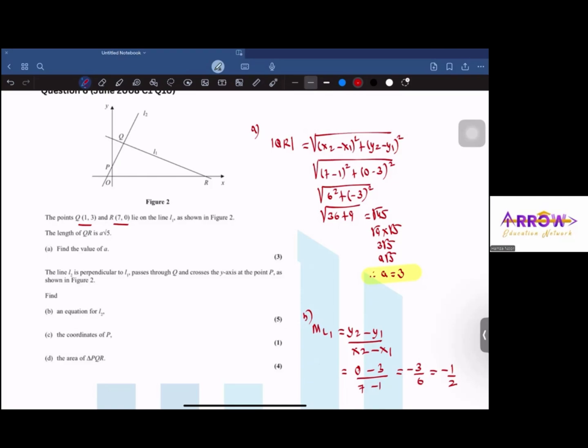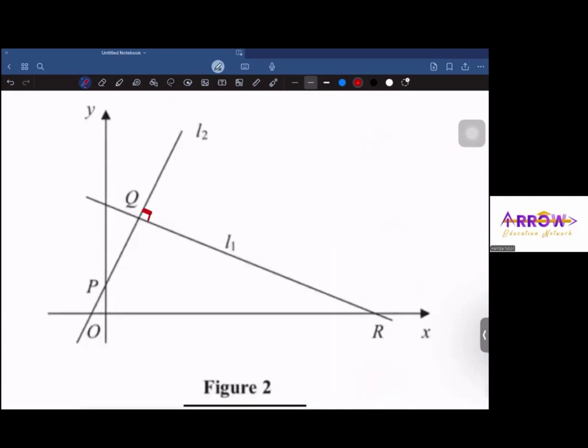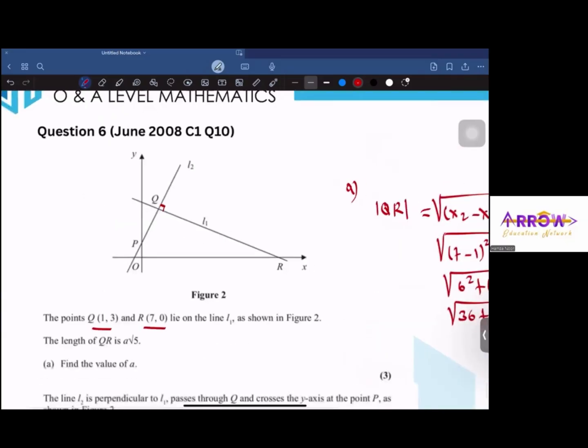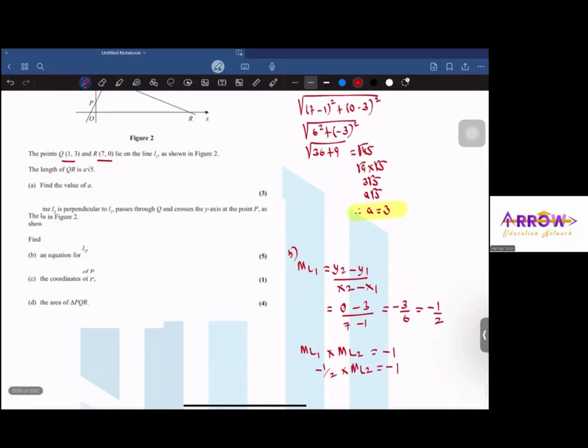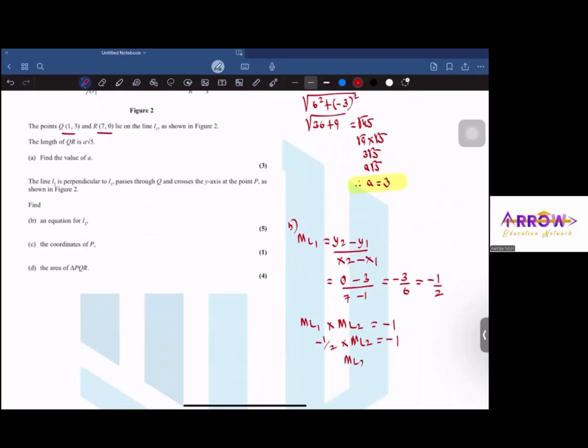What we know is that L1 and L2 are perpendicular, so the product of their gradients is equal to minus 1. So the gradient of L1 multiplied by the gradient of L2 is minus 1. So minus half multiplied by the gradient of L2 is minus 1. Therefore, the gradient of L2 is minus 1 divided by minus half, which is 2.